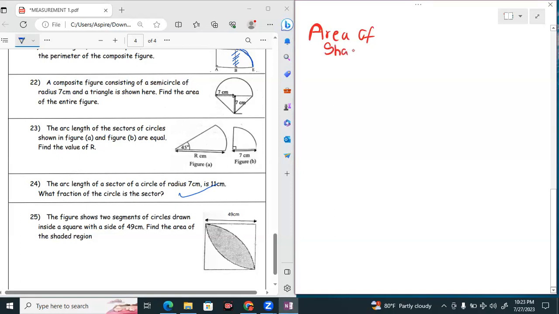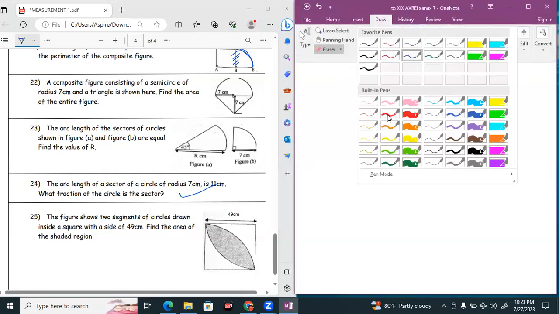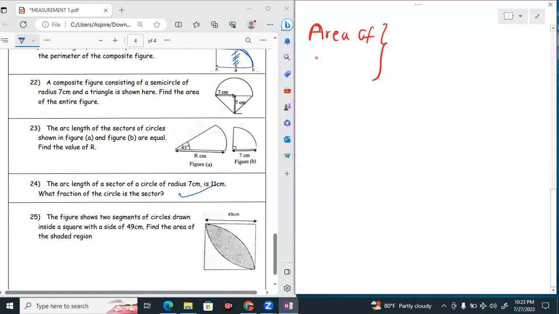To find the area of the shaded portion, first of all, you have to find the area of the square.